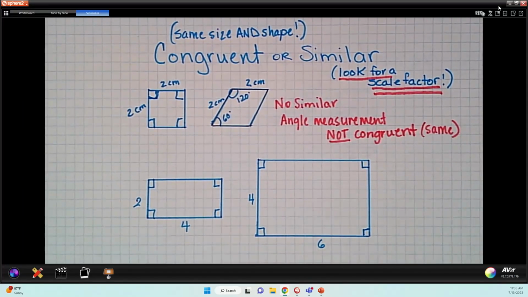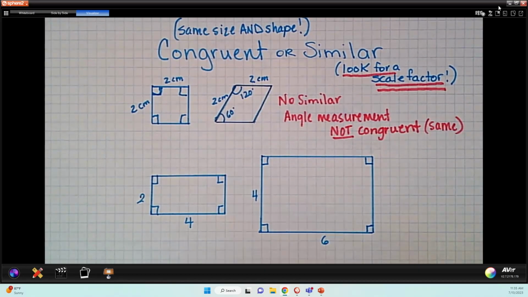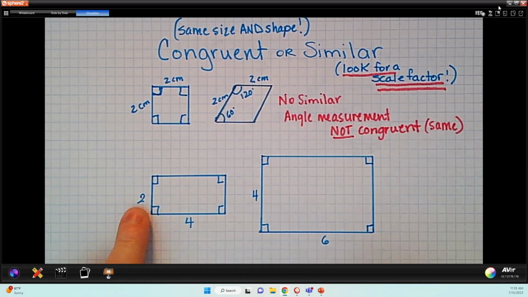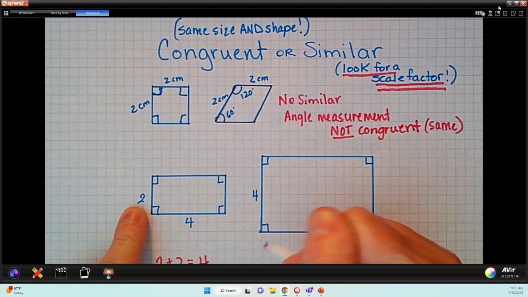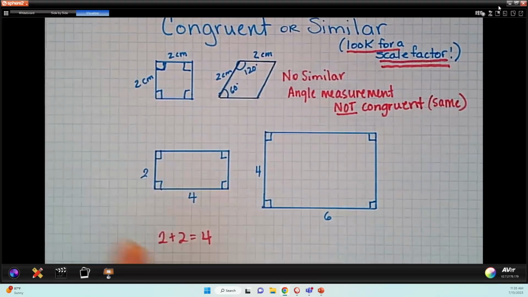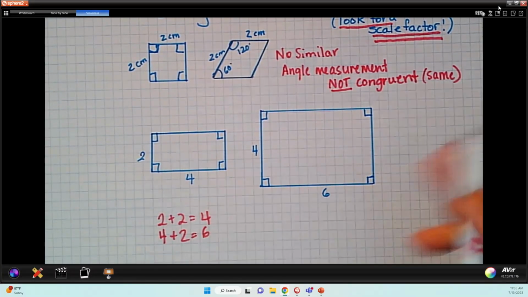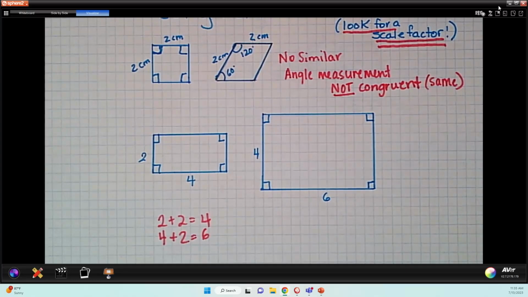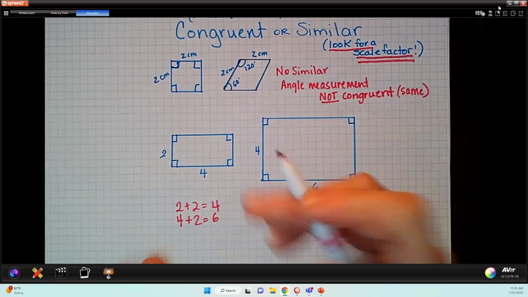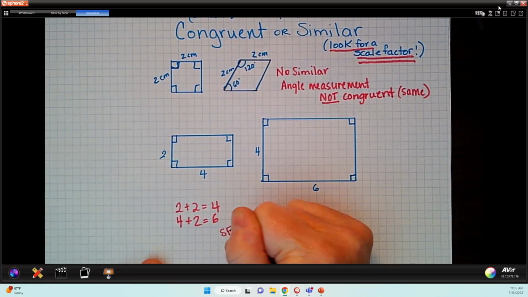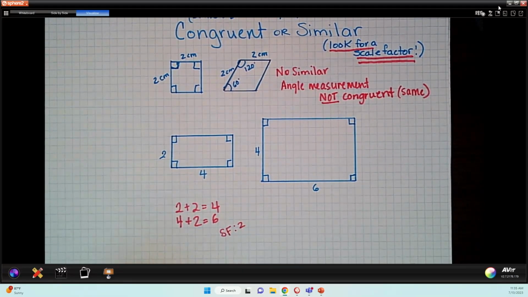This one's tricky because of the argument that they're similar: if I add 2, 2 plus 2 does equal 4, and that's what we have. And 4 plus 2 does equal 6, and that's what we have. So the argument that these are similar using a scale factor of 2 could be misleading.